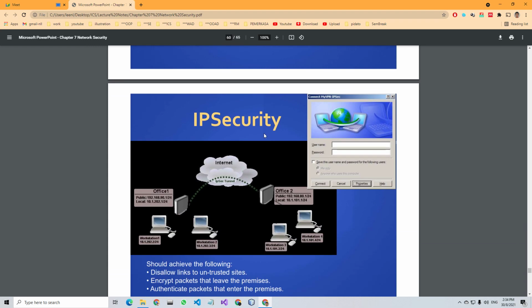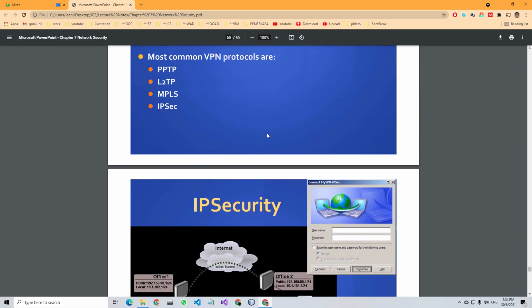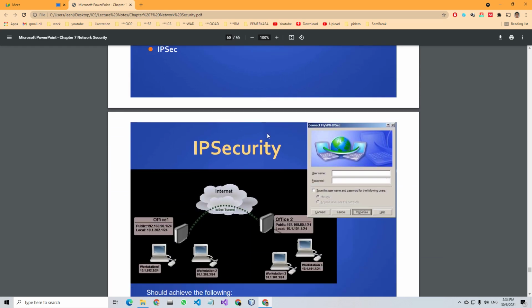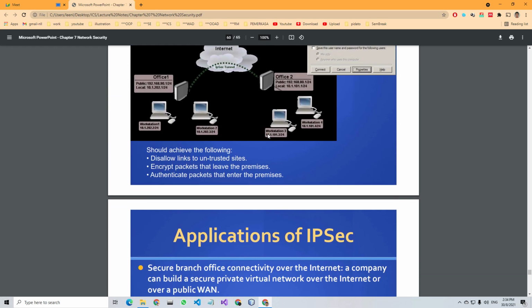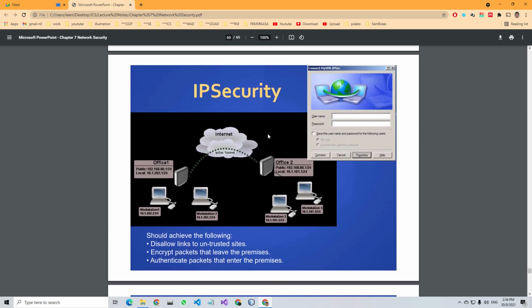So this VPN hides the IP address. All our computers connected to the internet have an IP address. The virtual private network will hide the IP address and redirect it through a specific remote server run by the VPN host.